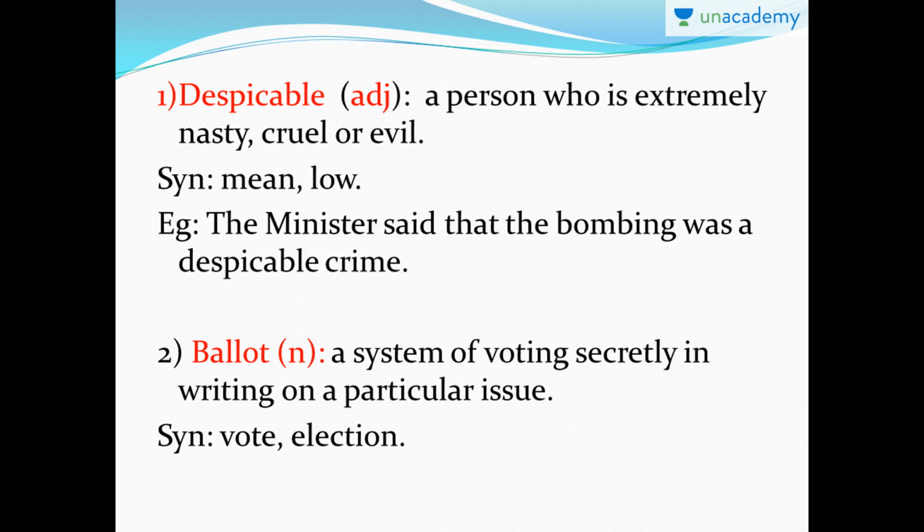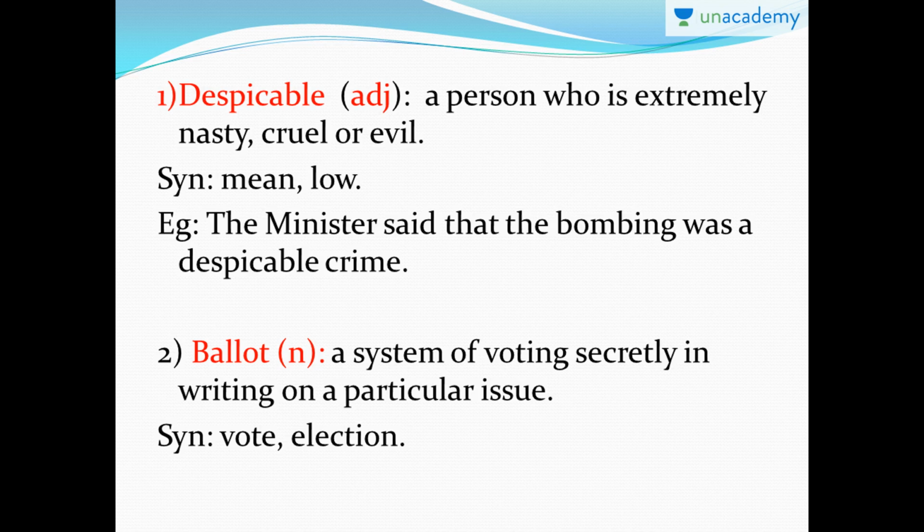Low in the sense we're talking about the character, and not about the height. For example, the minister said that the bombing was a despicable crime. That means it was a very mean act, or a very cruel or evil act. So despicable is an adjective, that means a person who is very cruel or evil.